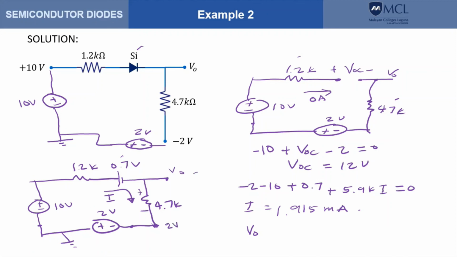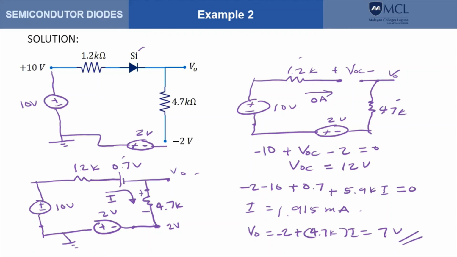So to get here, this point has a higher potential than this point. That means we should add 4.7K times I, and that should give us 7 volts. Okay, so this is our answer. This should be a negative 2 here.